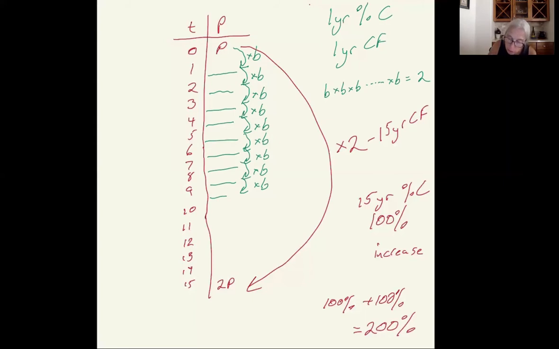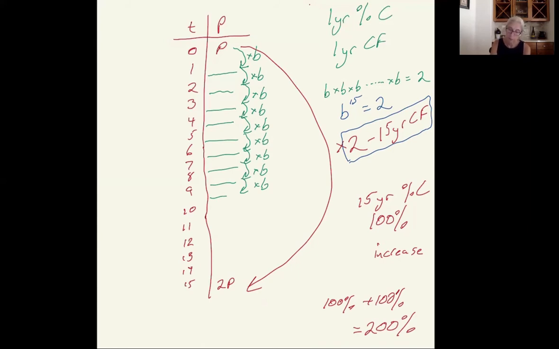So in other words, B to the 15th power is equal to 2. That's what this statement right here told me. That my 15-year change factor is 2 tells me that B to the 15th power is equal to 2.